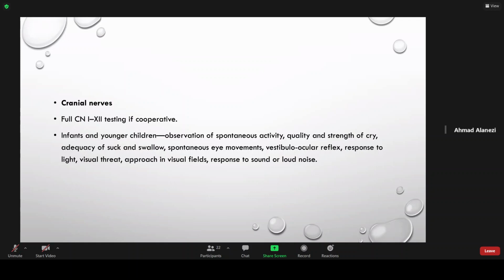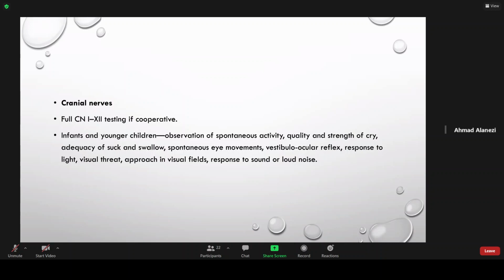Cranial nerve examination, if the child is cooperative, you can conduct this formally. If the child is non-cooperative or you're dealing with young children, observation is the mainstay. So you observe the spontaneous activity, the quality of his cry, the symmetry of his face, the symmetry while he's grimacing his face, the eye movement.